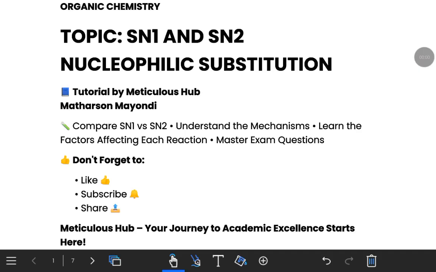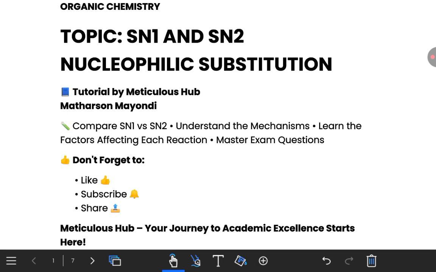To look at nucleophilic substitution, our main focus will be SN1, which is nucleophilic substitution first order, and SN2, which is nucleophilic substitution second order. First, we are going to define what nucleophilic substitution is.